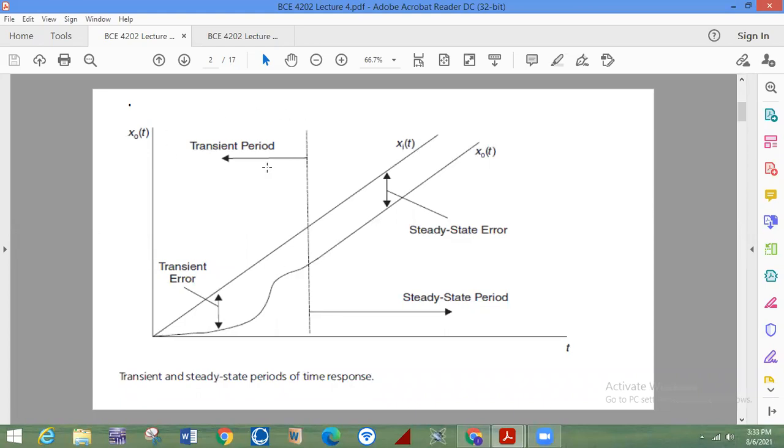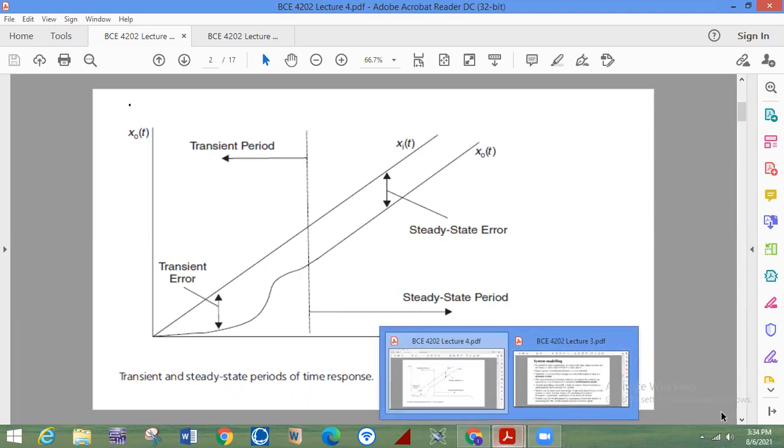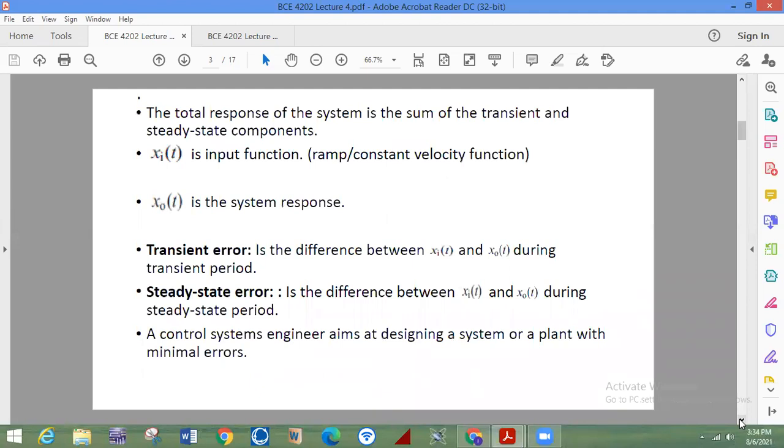During the transient period, the transient error is the difference between the input and the output during the transient period. Likewise, the steady state error is the difference between the input and the output during the steady state period. Okay, these definitions must be clear to us now.